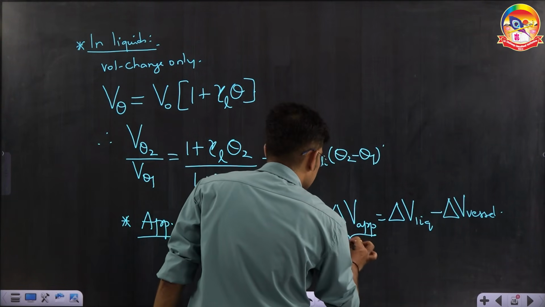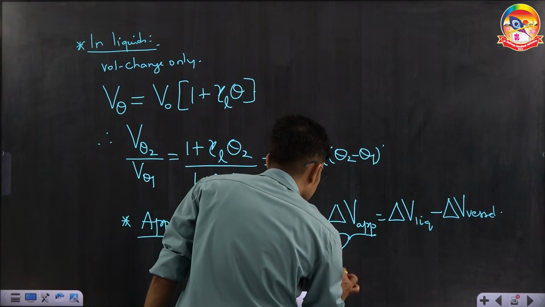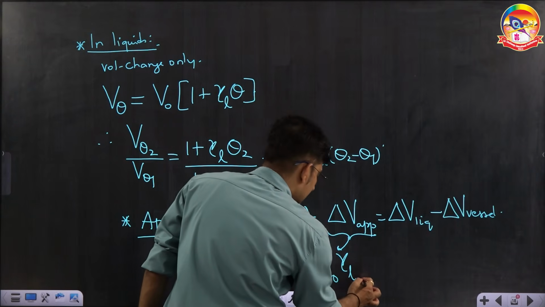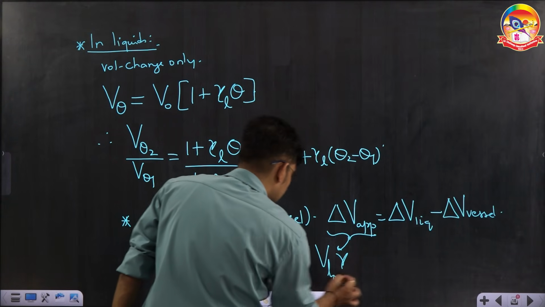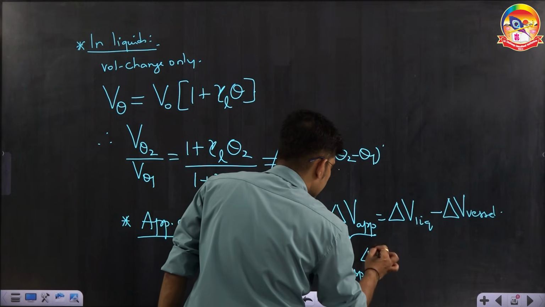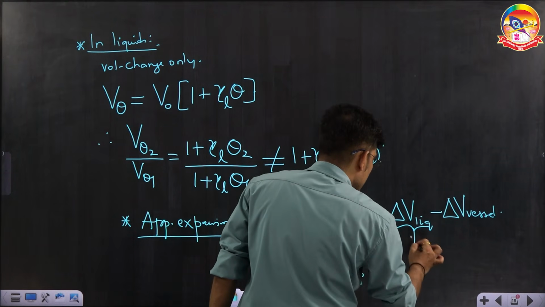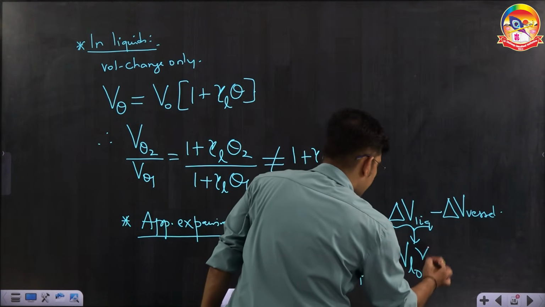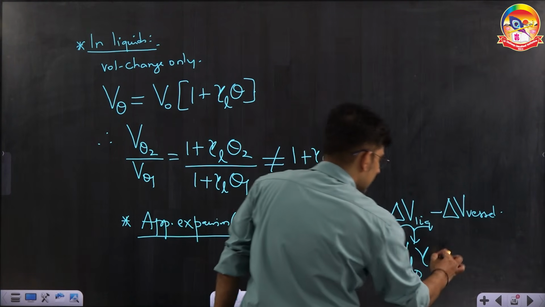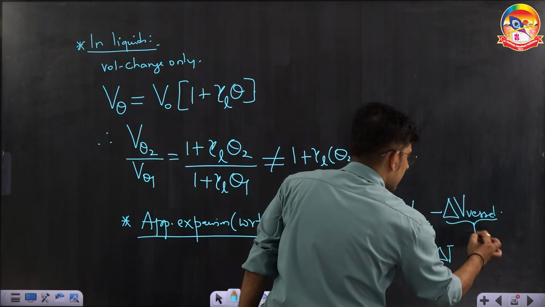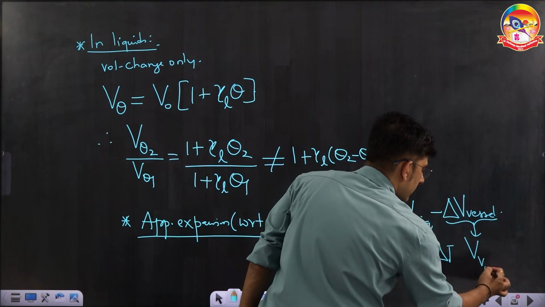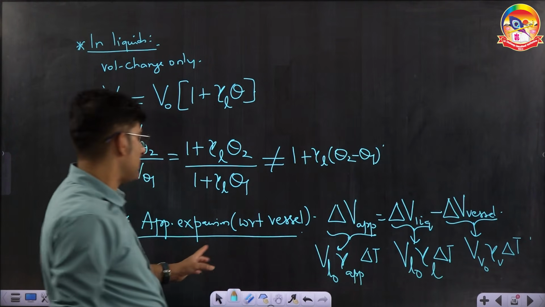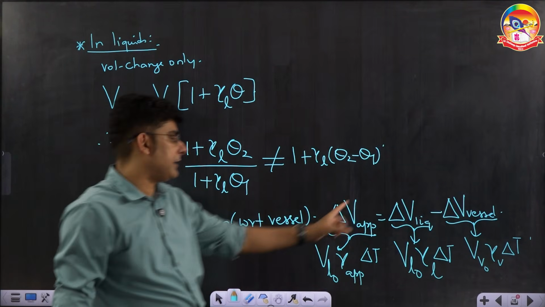Delta V apparent is nothing but volume of the liquid initially at 0 degree Celsius into gamma of the liquid apparent, let's call it gamma apparent, and delta T. Delta V liquid actual is volume of the liquid initially at 0 degree Celsius into actual gamma of the liquid into delta T, and volume of vessel change is initial volume of the vessel into gamma of the vessel into delta T. So this expression you will use to find the apparent expansion.